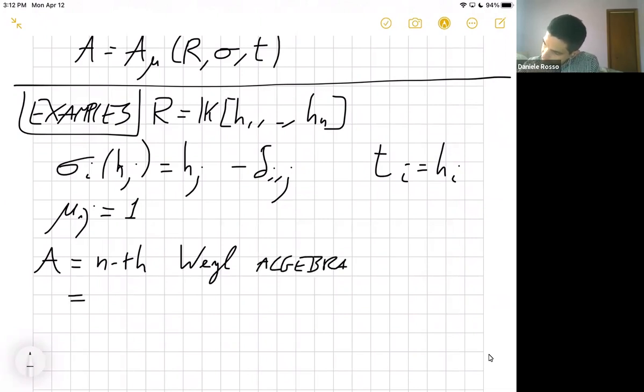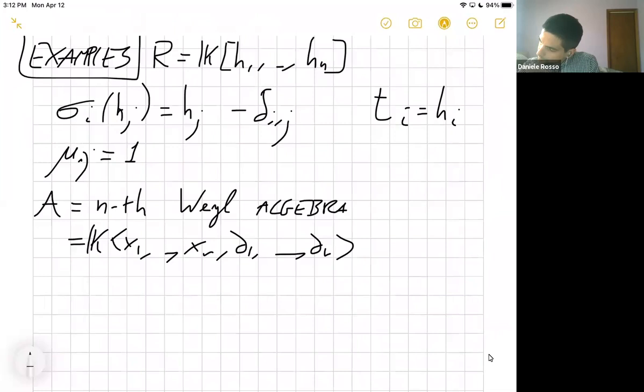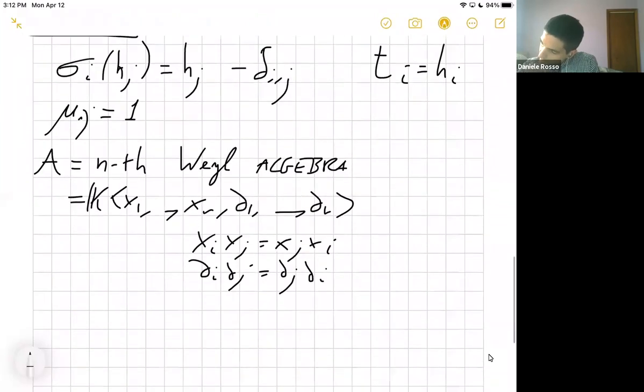What that means is that the algebra has generators x_1, ..., x_n, partial_1, ..., partial_n, and the relations are that the x_i's commute, the partials commute, and the relation partial_j x_i minus x_i partial_j is equal to the Kronecker delta.